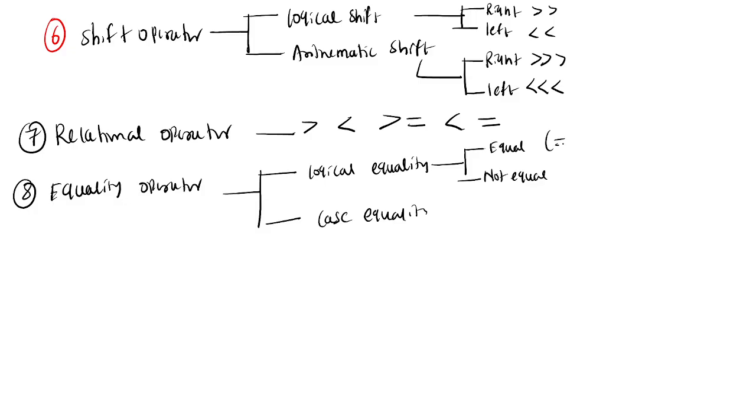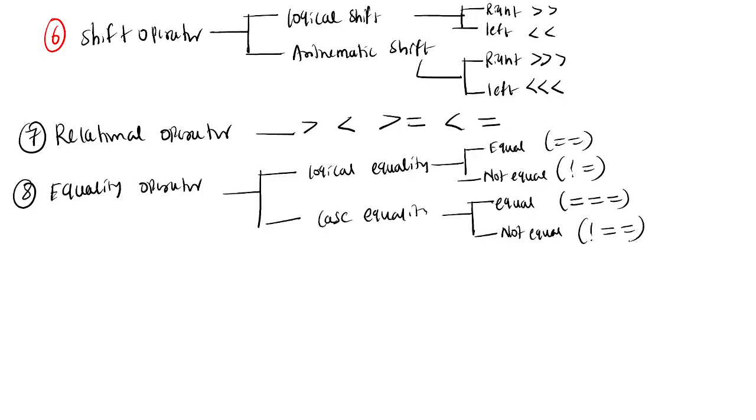Equal means this is the symbol, not equal means this is the symbol. And in case equality also equal, not equal. Equal means three equals here, and for case not equal it is not of two equals. Okay, and the conditional operator, or we can call it the ternary operator.